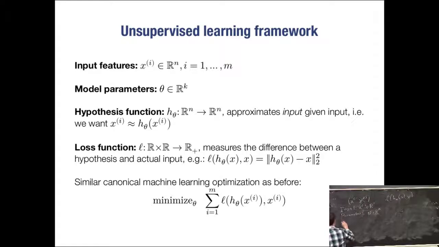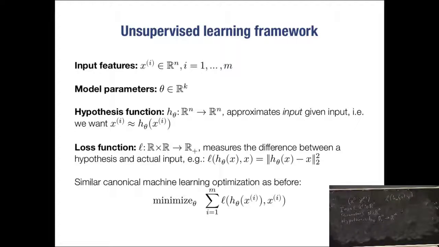So then there's our hypothesis function, and here's the first big difference. The hypothesis function in unsupervised learning is typically meant to recreate the inputs. So this is a function that takes as input just our input vector and produces something which, crucially, is in the same space as the input.